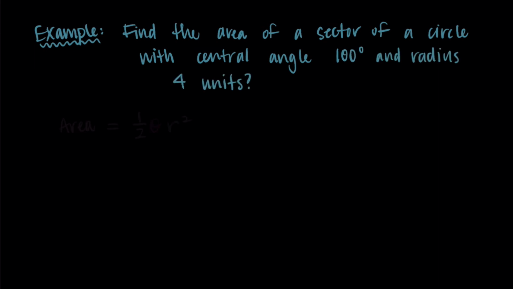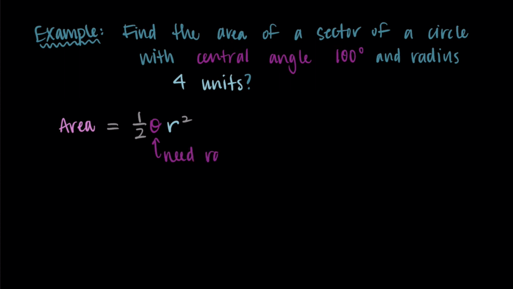So here we're looking for the area, and we know that the area is 1/2 theta r squared. I have my r, it's 4 units, and I have my theta in degrees, it's 100 degrees. So I'm going to need radians for this, and so I'm going to need to convert it to radians. If I think about 100 degrees, I'm starting with that, and I'm going to multiply it by pi over 180 degrees in order to convert it.